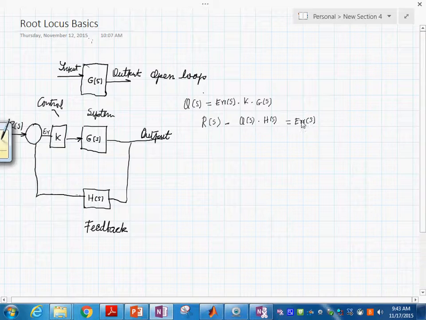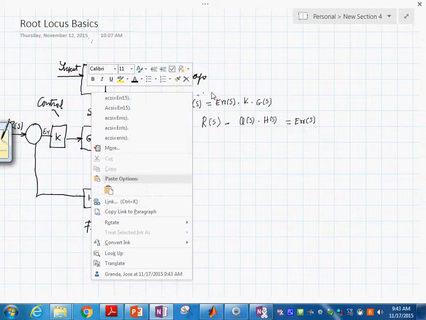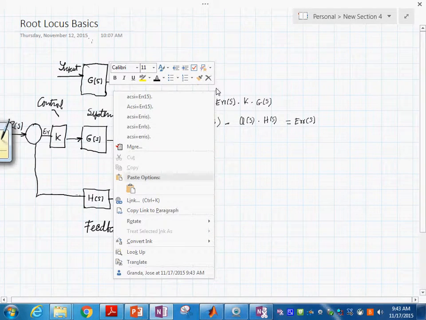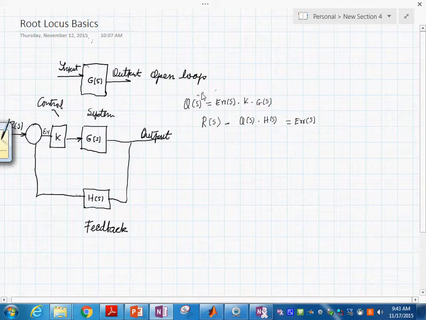Let me stop for a second and review this so that everybody is with me. This is the output that you see here, the input being the error multiplied by K multiplied by G of S. That's what I wrote in the first equation here.